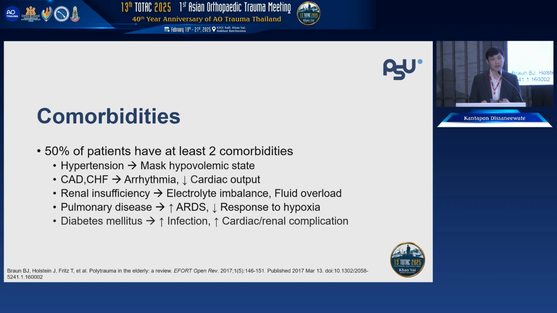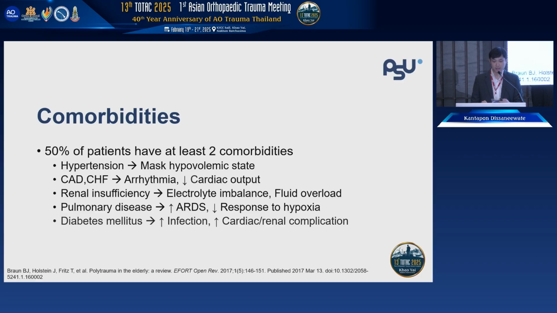Sometimes they are in shock, but with a BP of 100 over 60 we still think it's okay. Patients with coronary artery disease and congestive heart failure can develop arrhythmia and poorer cardiac output, which leads significantly to poorer functional outcome and mortality rate.